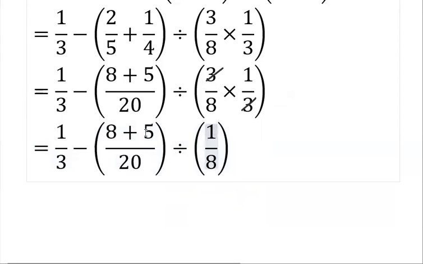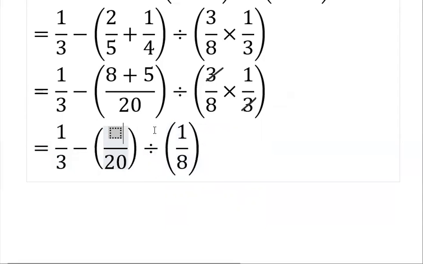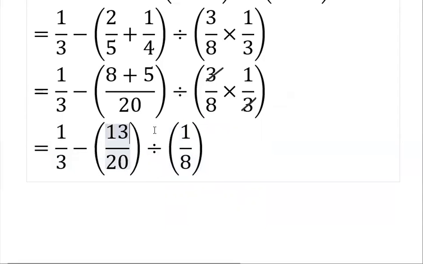Great. Don't forget, we are still dealing with those operations inside the bracket. So 8 plus 5 here will give us what? 13. We now have 13/20. Awesome.